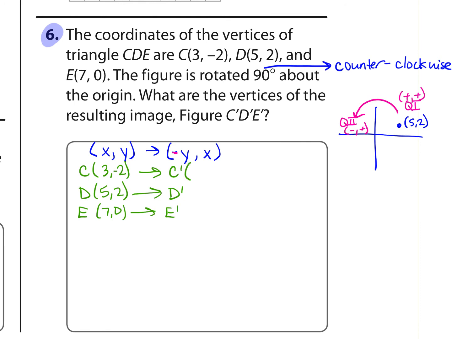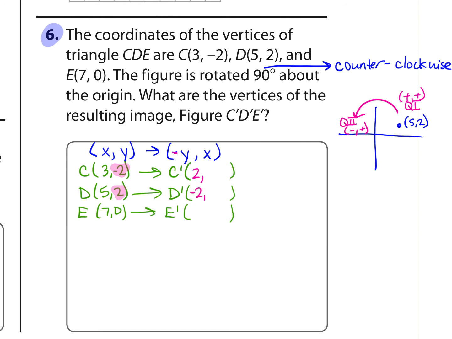I'm going to go ahead and list my coordinates for what will be my x coordinate for all of these points first. So we start with the y coordinate and we change its sign and write it first. So I had -2. Now I have +2.